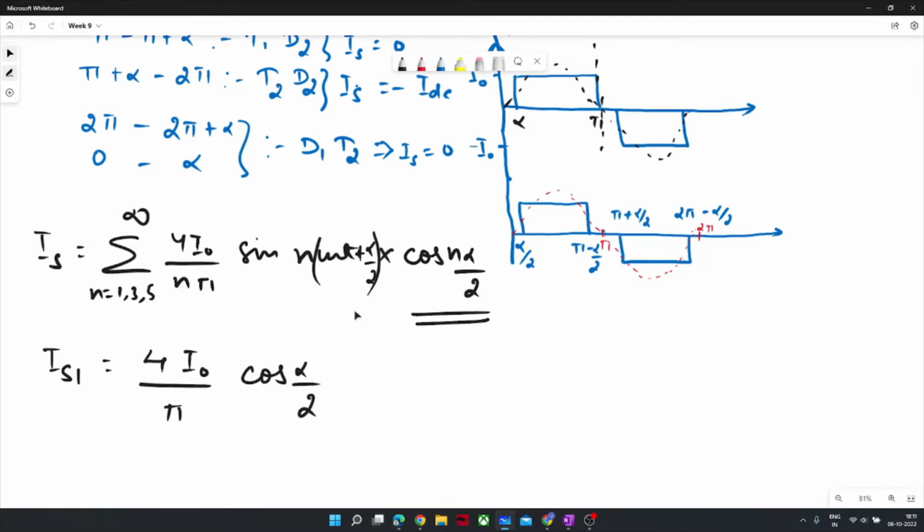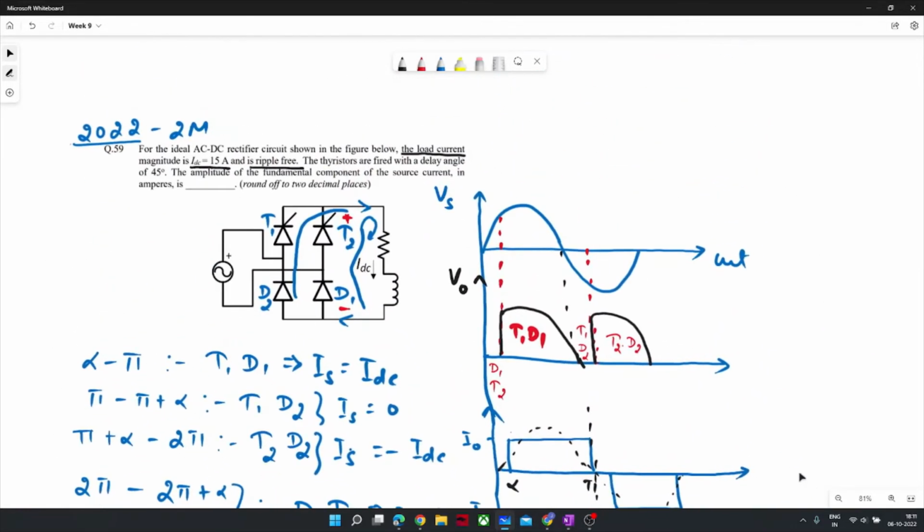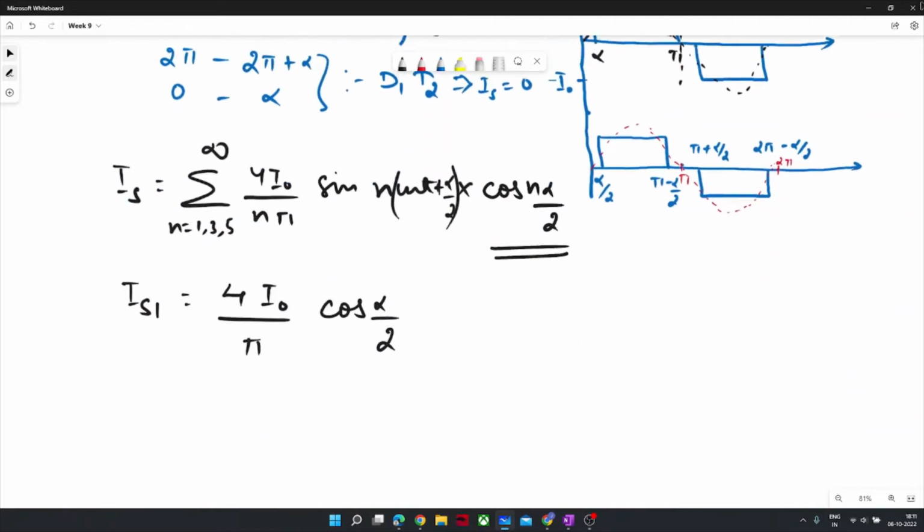We only need the magnitude here. This I naught is given as 15 ampere and alpha is given as 45 degree. So we just need to compute the amplitude of the fundamental component of the source current.